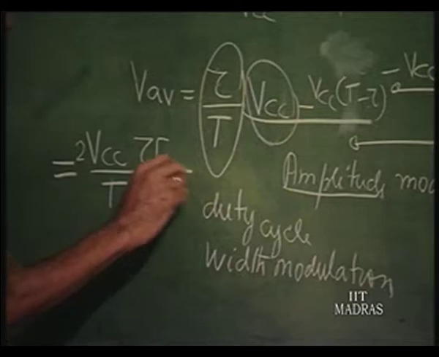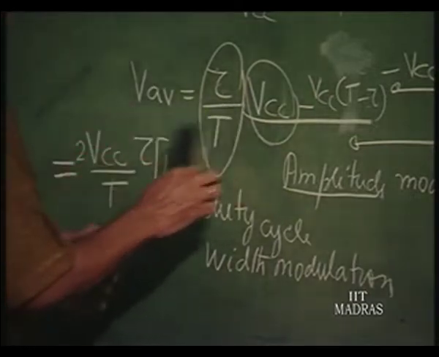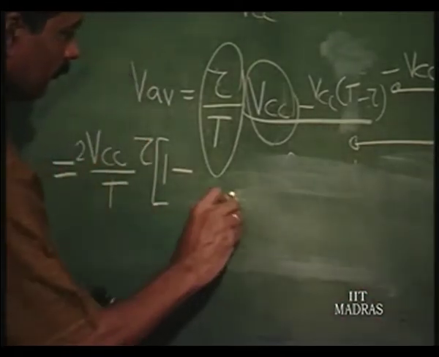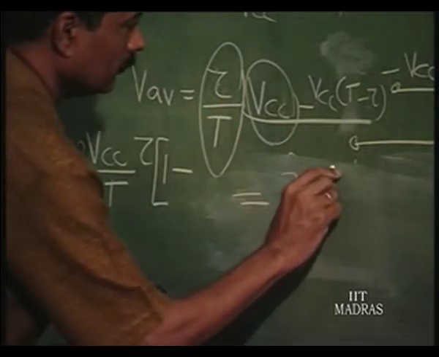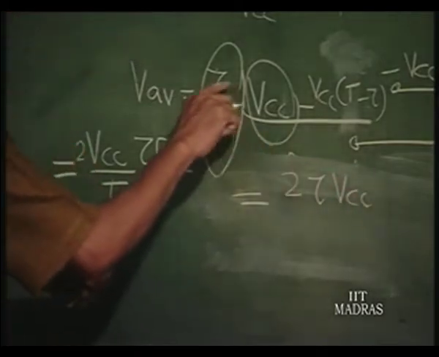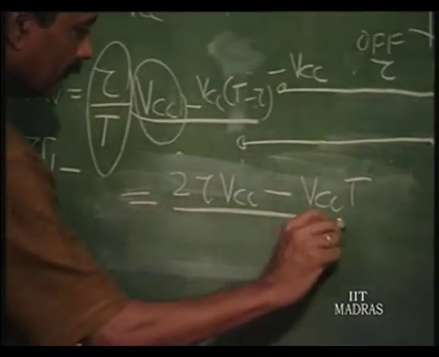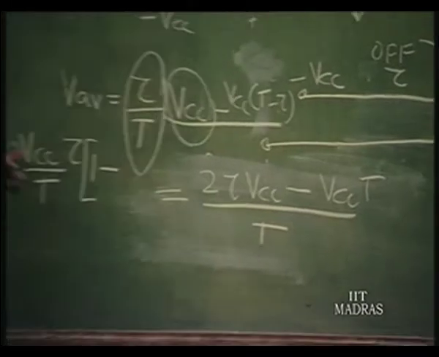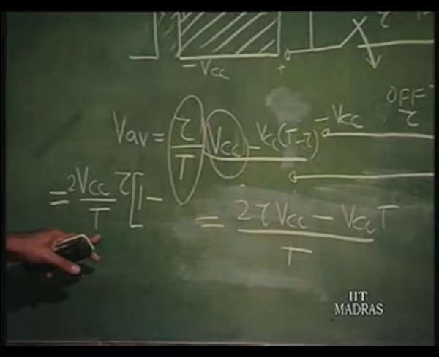So, this will actually be 2 tau Vcc minus Vcc into T by T. So, I am taking 2 tau Vcc by T out.